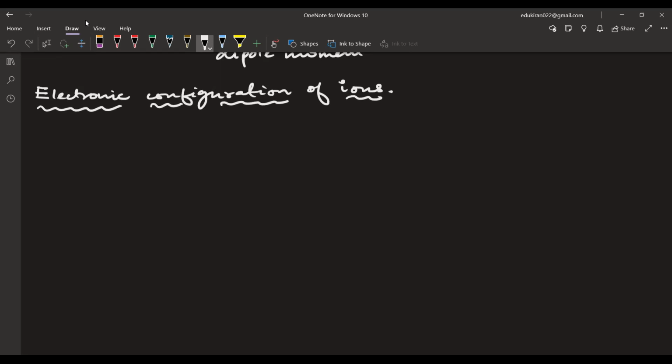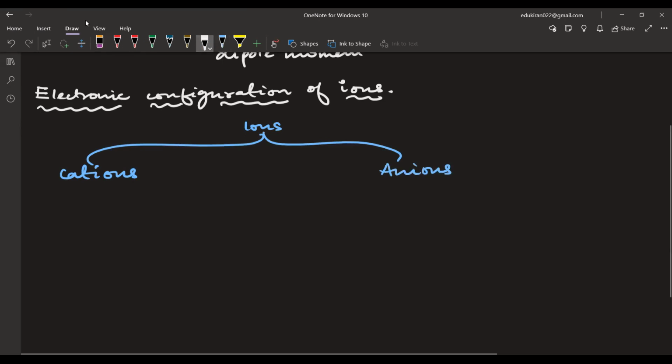In electronic configuration of ions, you will only remember one thing. There are two types of ions, cations and anions. Yes or no? Cations and anions.